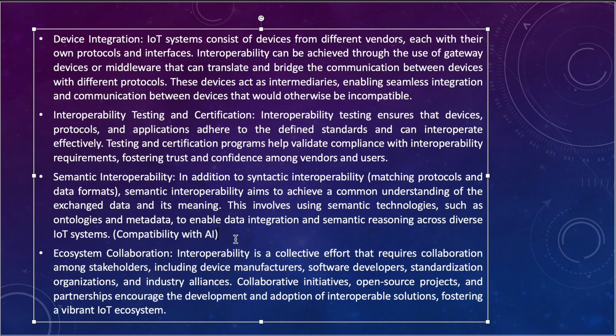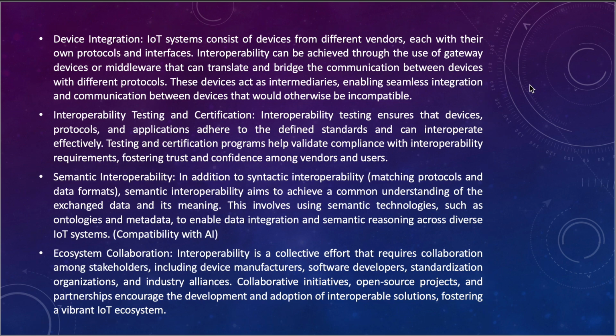For example, if you remember lecture number 7, where we had examples of different IoT devices to understand what IoT devices are, you may have seen the example of logistics, using IoT devices in logistics.